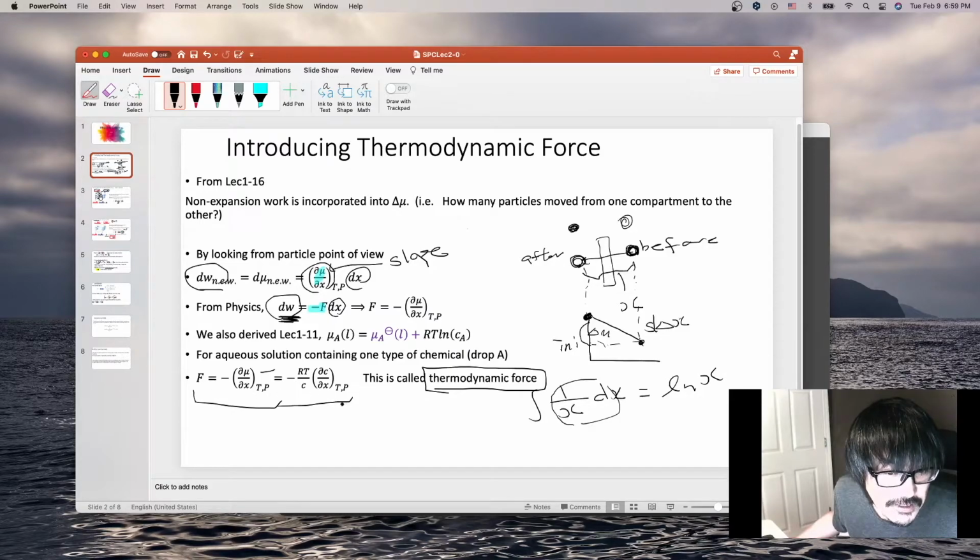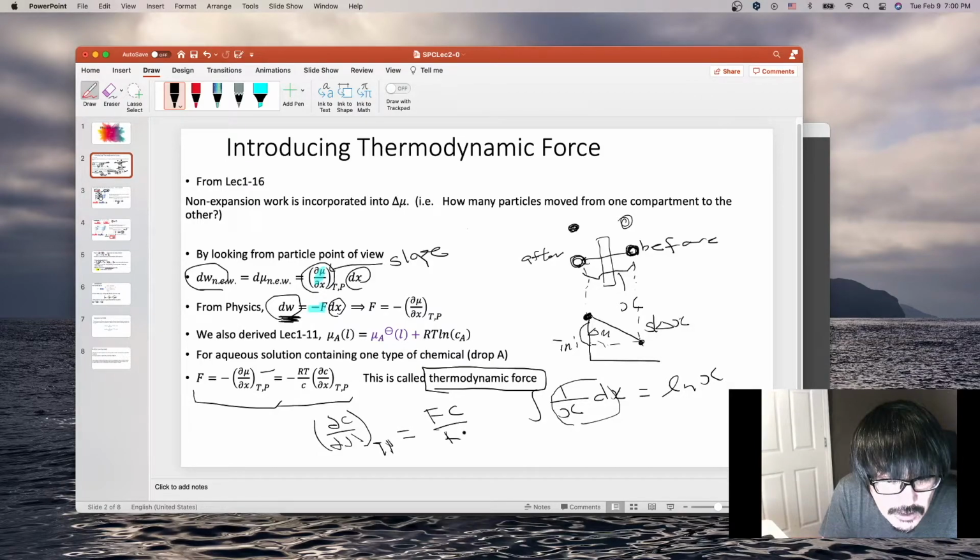We had this relationship right here. So this partial derivative of the dc dx, the partial c over partial x at constant T and p, is equal to F multiplied by C divided by RT, minus, right?